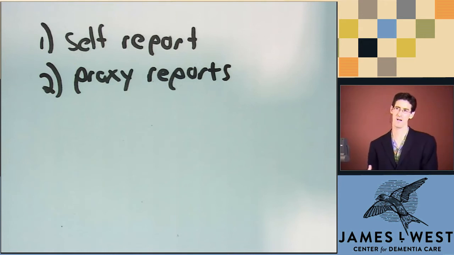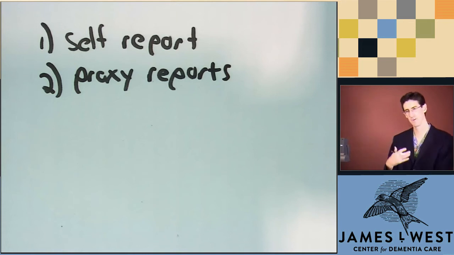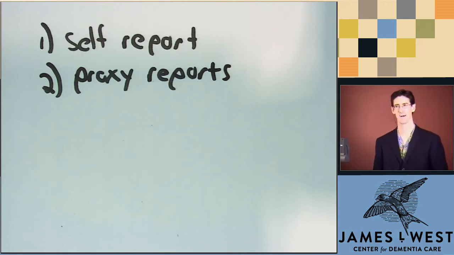What commonly happens with caregiver burden is that the person reporting the disability will give statements like, they can't do anything. I have to do everything. I have to bathe him, dress him, I have to drive him, I have to do it all.